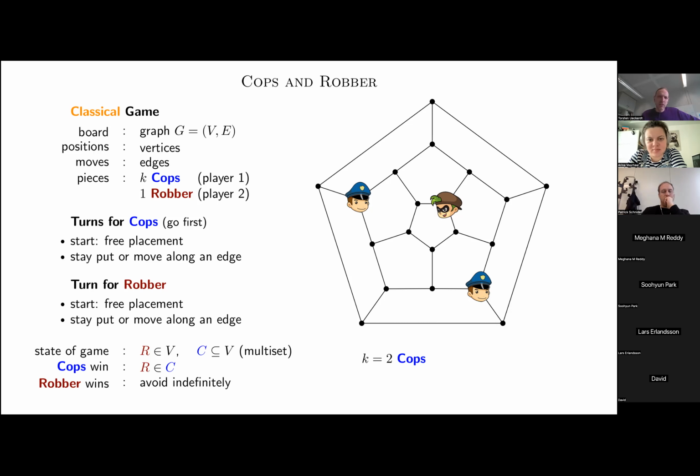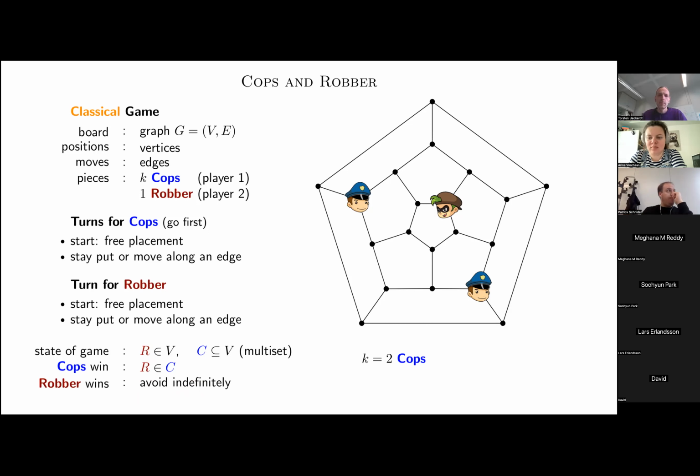Let me do it a little bit more formally. At each time, the state of the game is one particular vertex, which may be called R, for the current position of the robber, and then a subset of the vertices, which may be called C, for the current positions of the cops. Strictly speaking, this is a multiset because several cops may also be positioned on the same vertex.